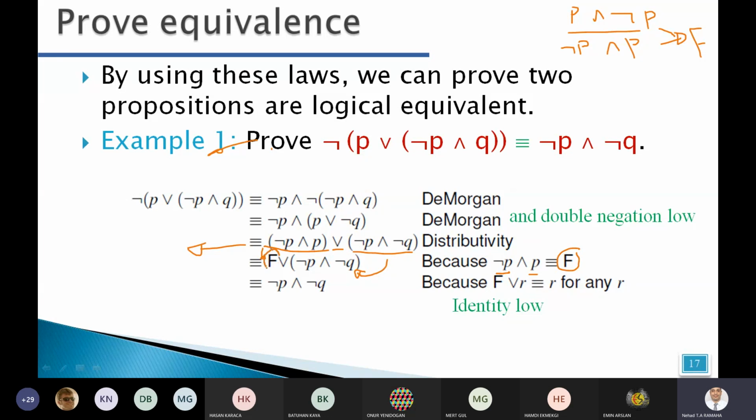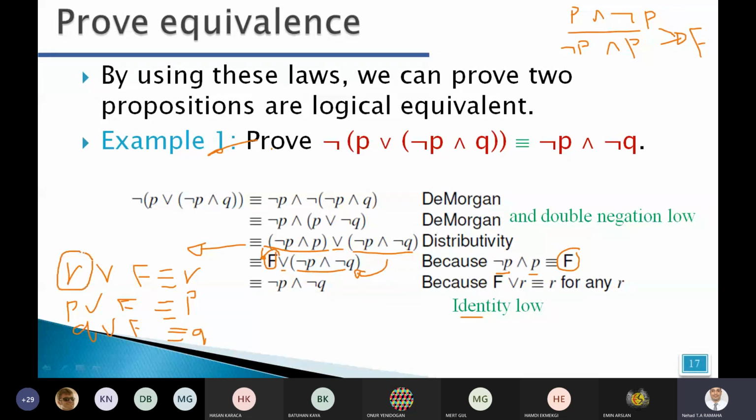Here, false or anything. The rule says R or false is equivalent to R. P or false is equivalent to P. It's the identity law, yes? Q or false is also Q. Why?